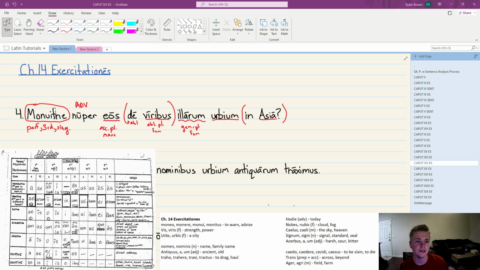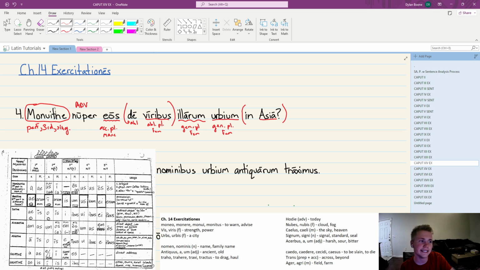So for this one, for example, if you go to the genitive plural, third declension, you'll see that there's a little box that has -ium in it. And like I said, that's in the genitive plural spot. And urbs is a feminine noun, so feminine. And as you can see, we're linked up here, right? So we're going to take those together when we translate.